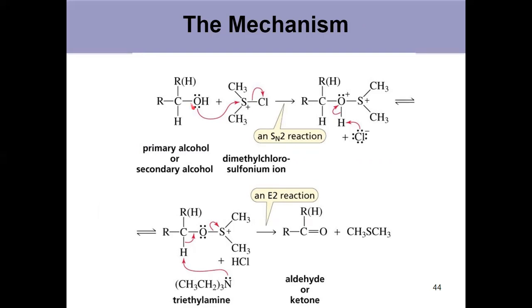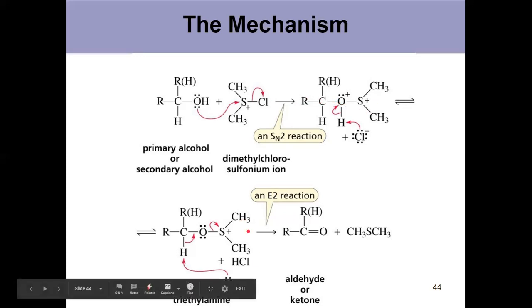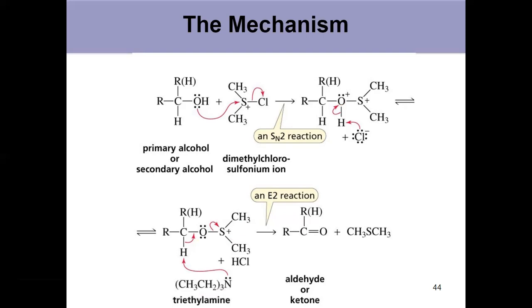First, it's an SN2 to kick off chlorine, just like we saw with PCC. Chlorine comes in, plucks off that hydrogen to prevent you from going back. Then you've got a really good leaving group off of your oxygen. So then you've got a base, triethylamine, in step two to come in, pluck off that hydrogen, and then bam, piece of cake, your electron density shifts over, and you form your aldehyde if it was a primary alcohol, or your ketone if it was secondary.